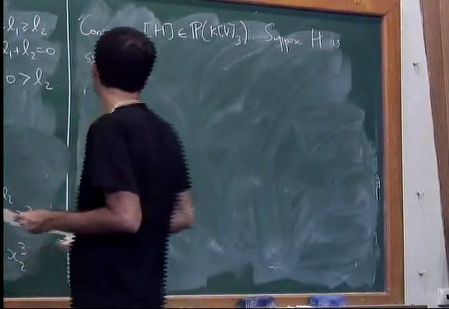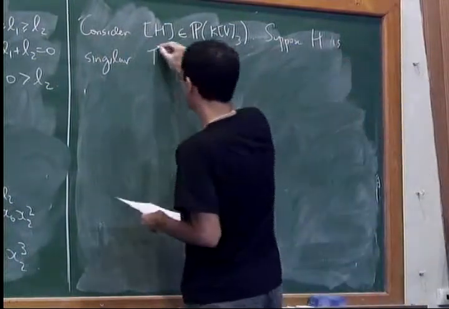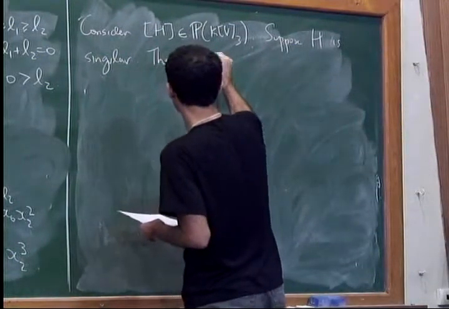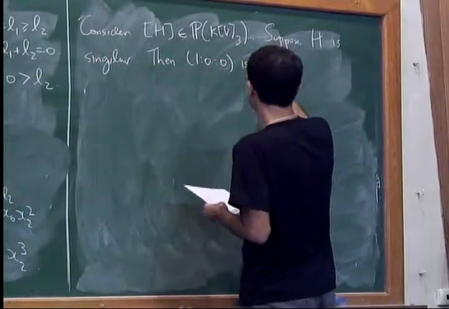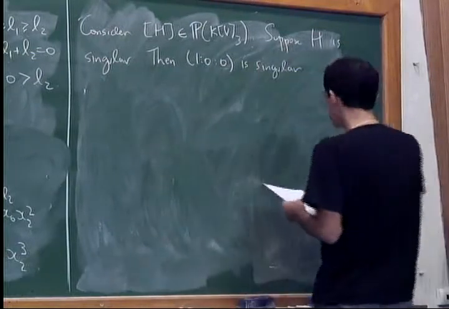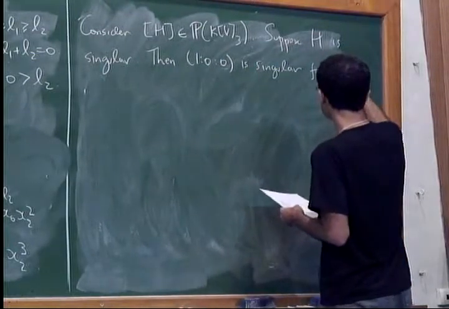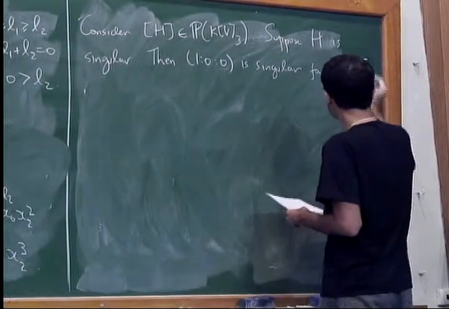So I want to show that the point is not properly stable. Since it's singular, then I can move this singular point to this specific one for a translate, which I'm going to call f, for some g.